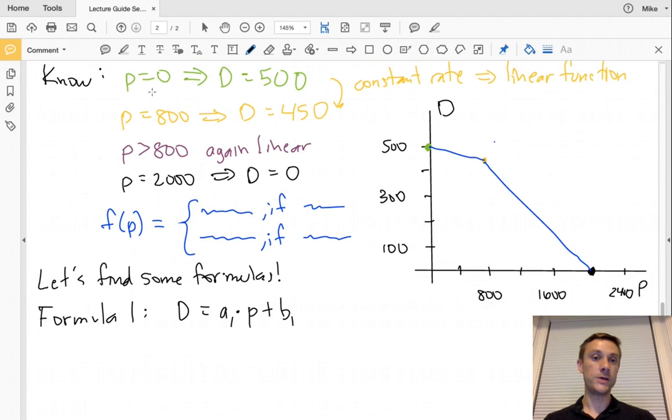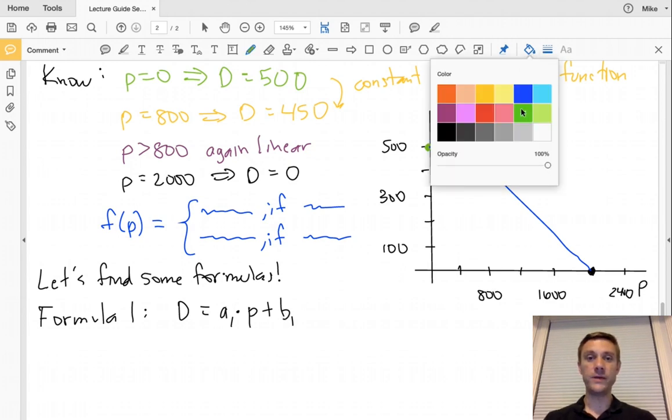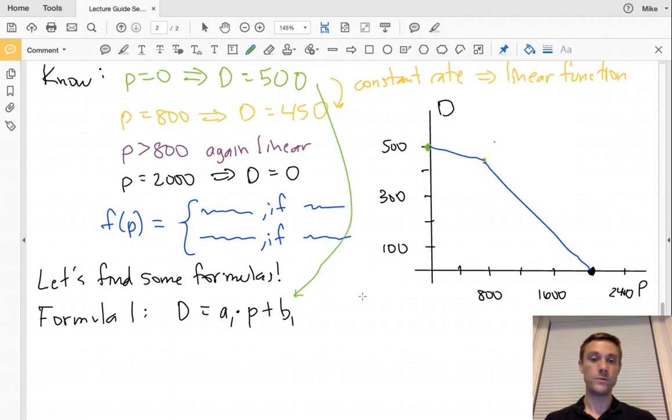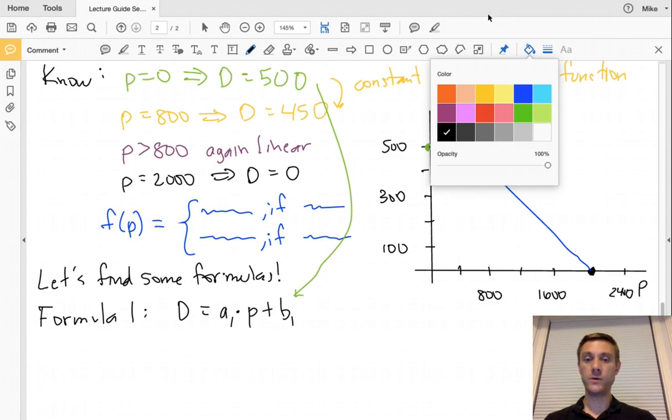So this is actually great. On that first segment, this green point is the y-intercept, which is perfect. That means that B1, that first B value, is exactly this value, which is very helpful. And then our slope is something we'll still have to figure out, but we're resourceful people. We can make this work.